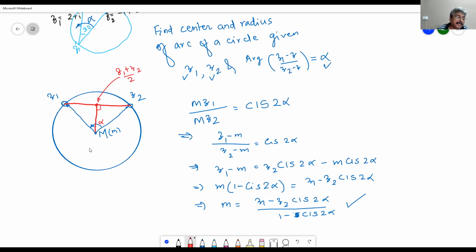Let us call this point K. So Km, when rotated, becomes Kz2.